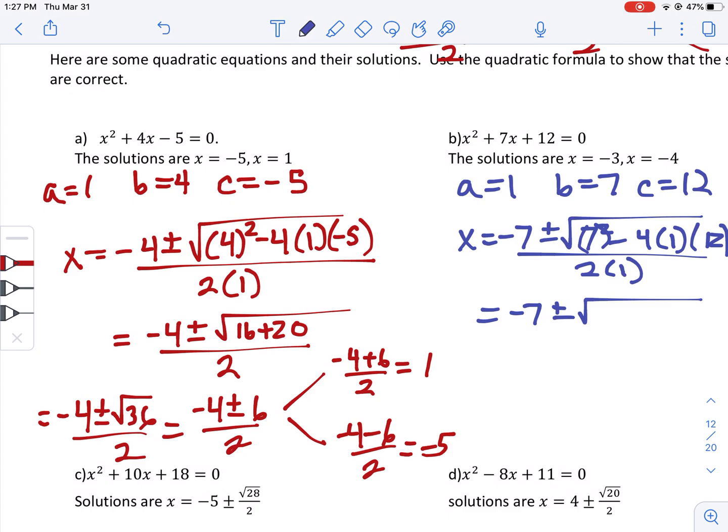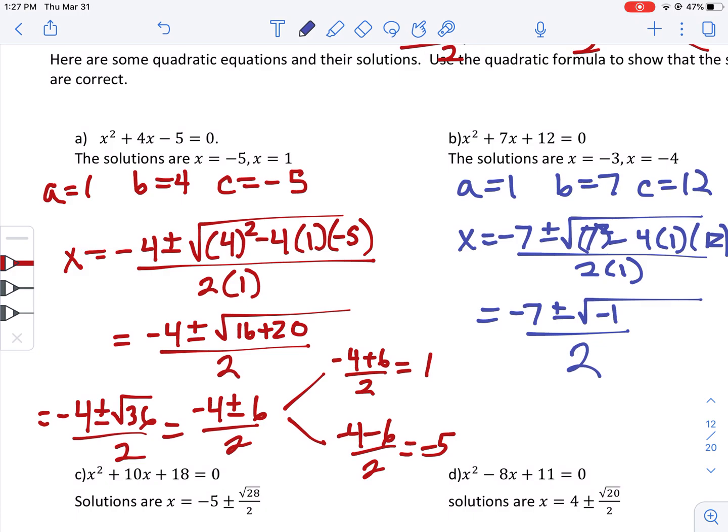minus 48, b squared minus 4ac. So this would be negative 1 all over 2. So I didn't get those for a solution there. Well, let's double check.